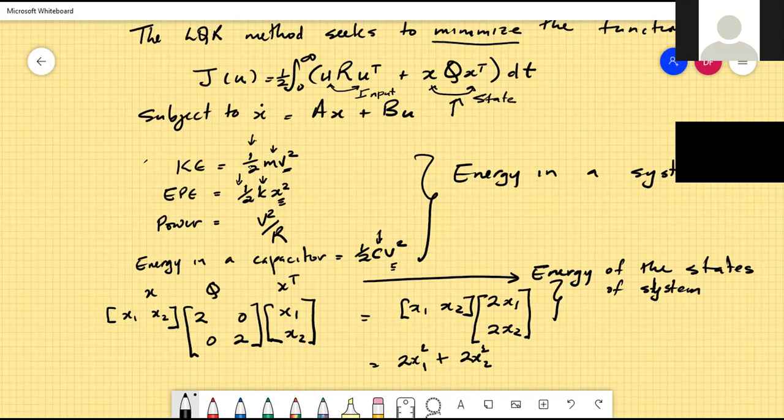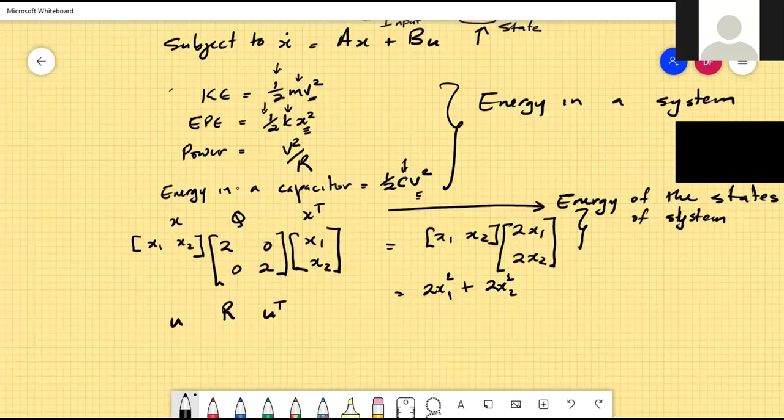And u transpose R u represents the energy of the inputs of the system.